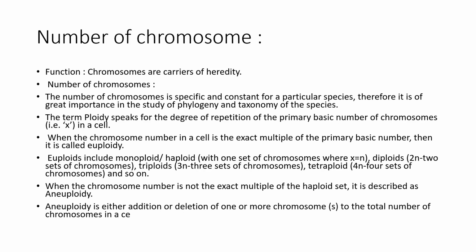Next part is the number of chromosomes. Again here we are discussing the number of chromosomes. As we know, dear student, chromosomes are filamentous bodies present where? In the eukaryotic nucleus. The chromosomes are visible during cell division.